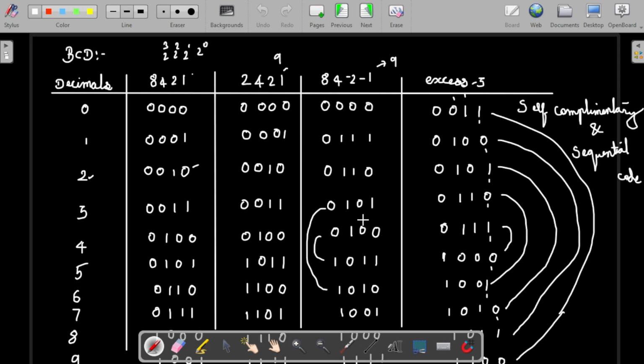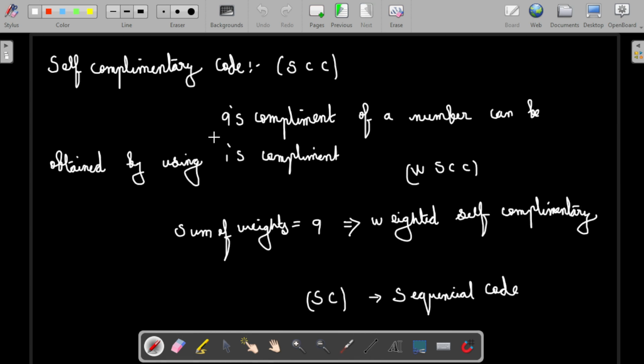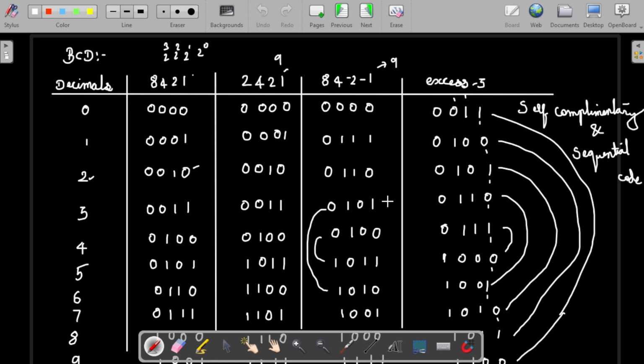Let's name which codes follow which property. If we add all the weights, it results in 12 plus 14 plus 1, that is 15. So this one will not be considered a weighted self-complementary code because the summation does not result in 9. This one can be called a weighted self-complementary code.